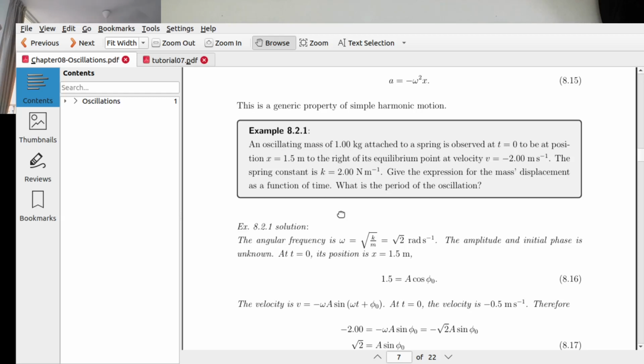So I will write x0 is 1.5 to the right, and I take right as positive. Then the velocity at time 0 is -2. It's going to the left, so it's -2 meters per second. So from here, find all the information that is given there.